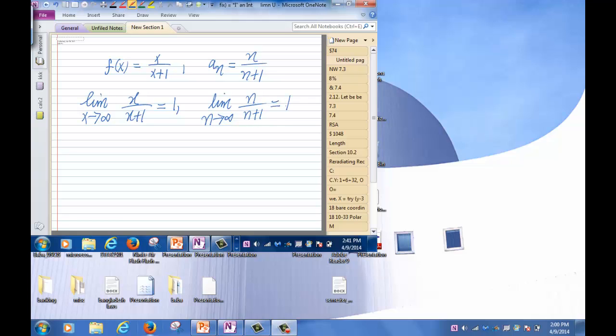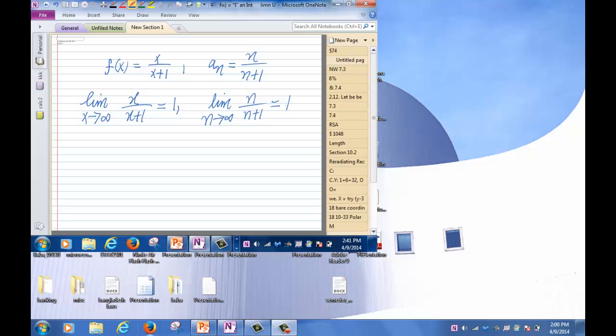And the limit as n goes to infinity of n over n plus 1 is 1. Right? What's the difference between the two limits? In the first limit, x is going to infinity, but it goes over all the real numbers. In the second case, n goes to infinity, but n goes over only the positive integers. Am I making sense? That's the only difference, but they have the same limits.